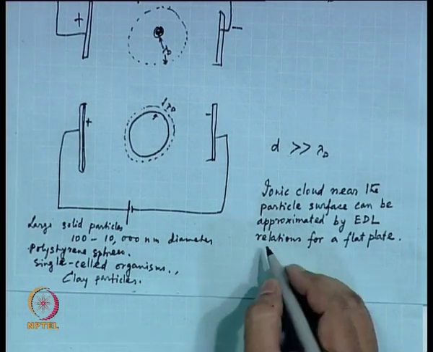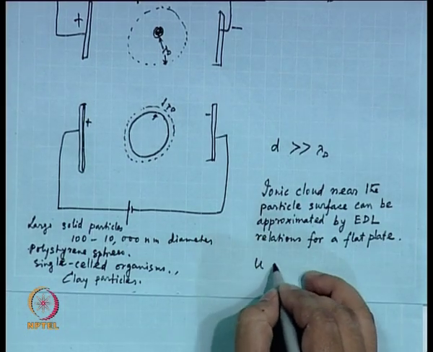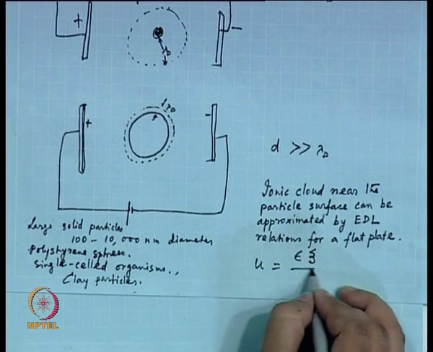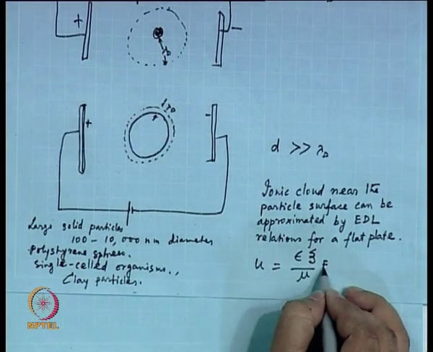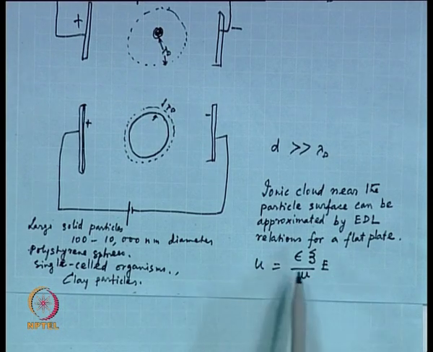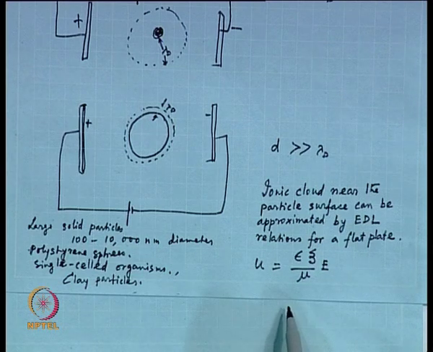And then U would be equal to epsilon zeta by mu into E. Do you recall this expression? We have used this expression in connection with the electroosmotic velocity UEO.